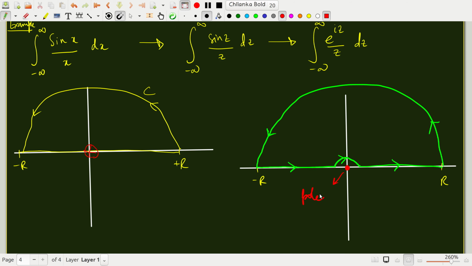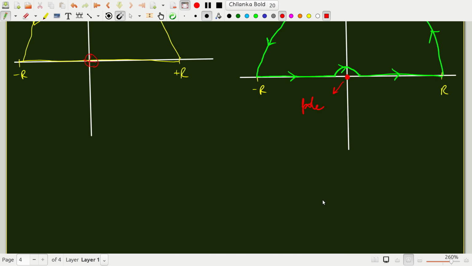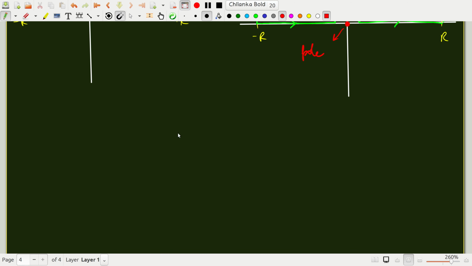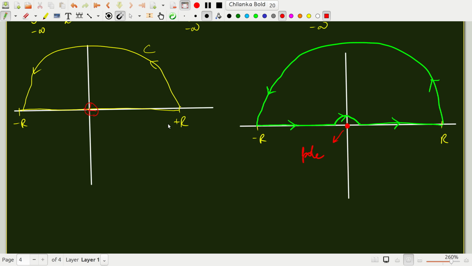Now, why have I chosen the contour above the pole? Let's just argue that we have e to the iz, where z is x plus iy. So e to the iz is e to the ix times e to the minus y.